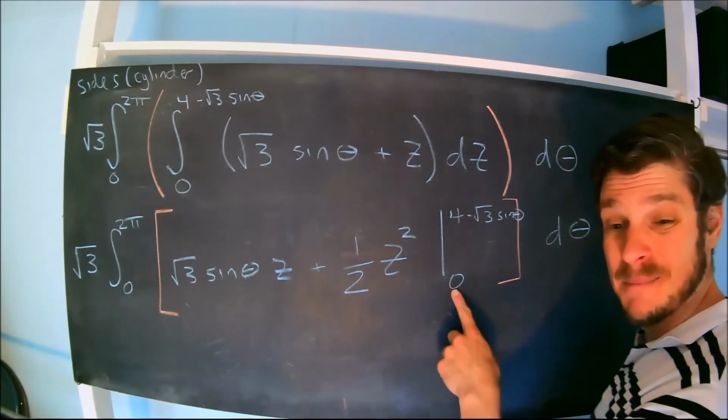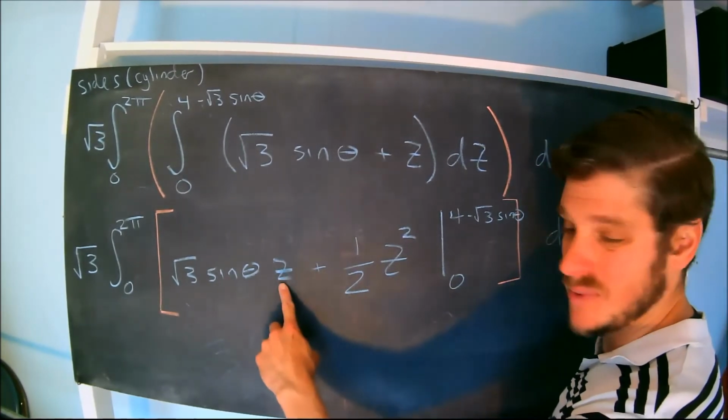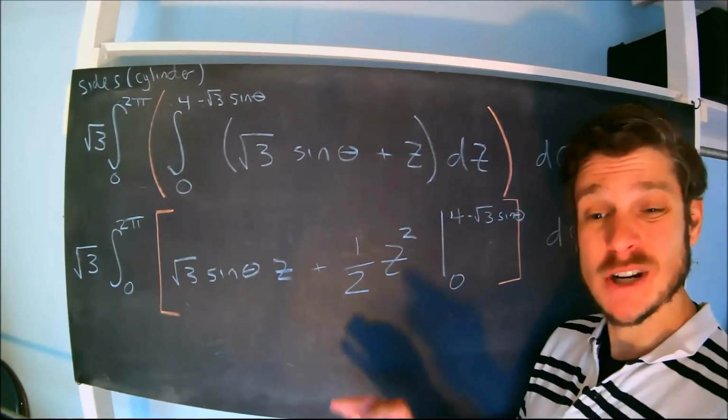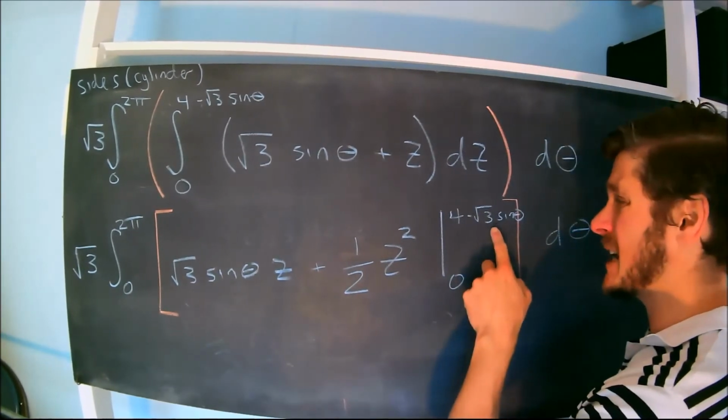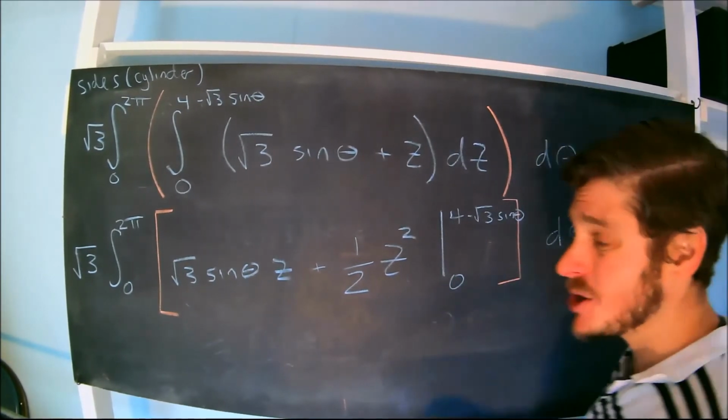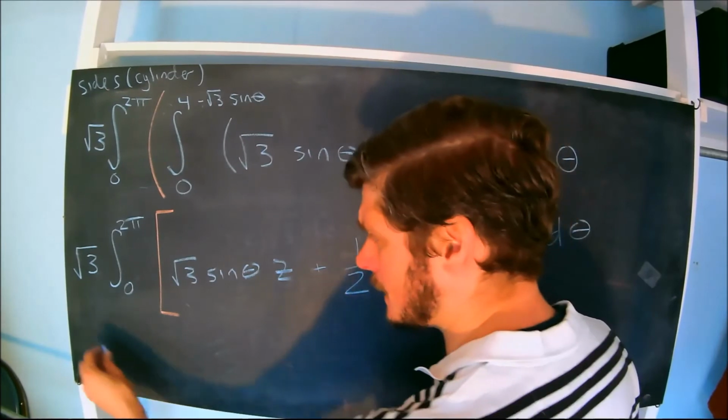Now, the nice part is, when I plug in my bottom limit of integration 0, 0 and 0 squared is still just 0. So plugging in 0 is going to be easy. All I really have to do is worry about what's going to happen when I plug in my upper limit of integration. So I'm going to do that as a little bit of scratch work here.